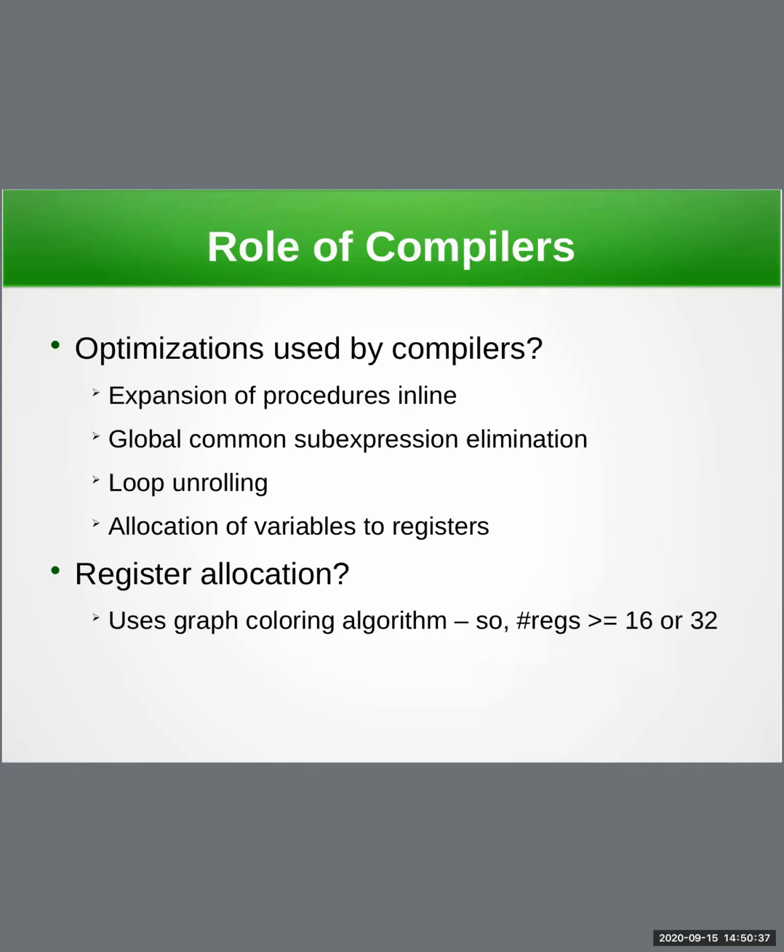Okay. Then there is something called global common sub-expression elimination. So, we do many computations, right? And sometimes we have the same computation present in multiple locations. We don't store the computation in a variable, but instead we write that arithmetic expression or the logical expression in multiple places.